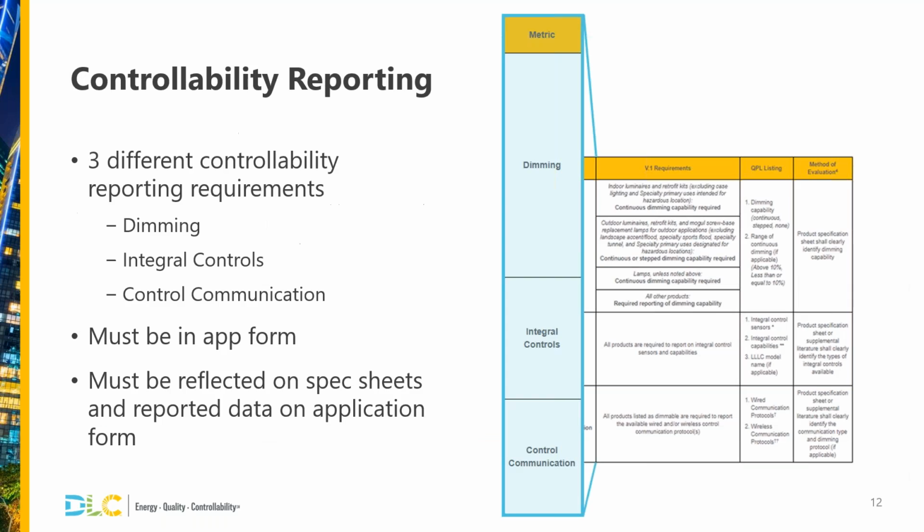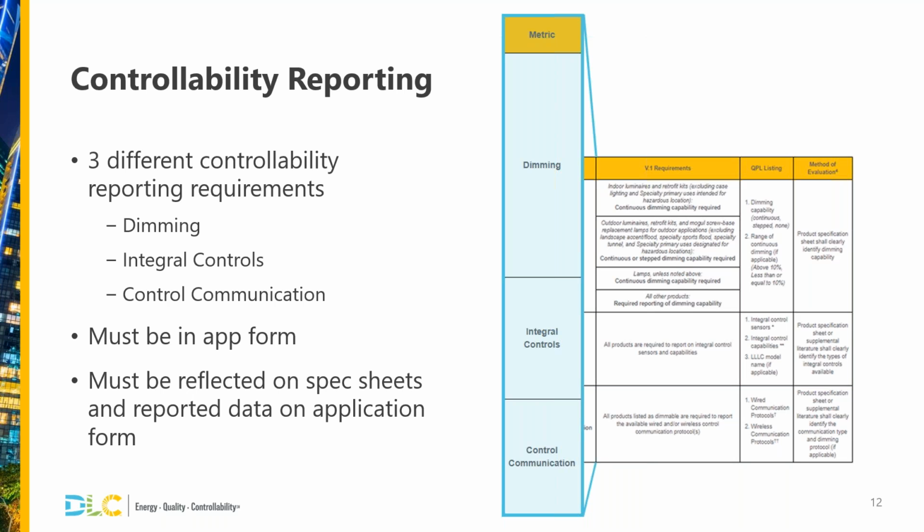More detail regarding controllability reporting is some of the specifics regarding those claims. We have 3 different controllability reporting requirements: dimming, integral controls, and control communication. All of this information must be included in the application form, but it must also be reflected on the spec sheets that you are submitting.